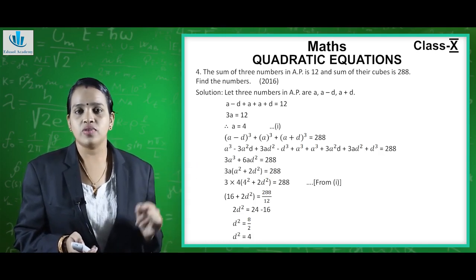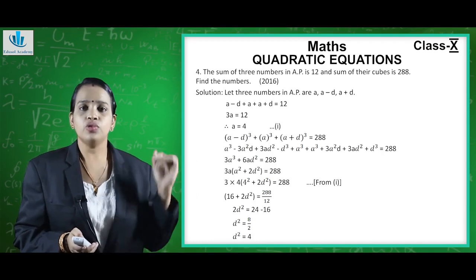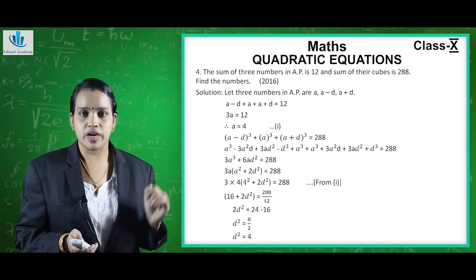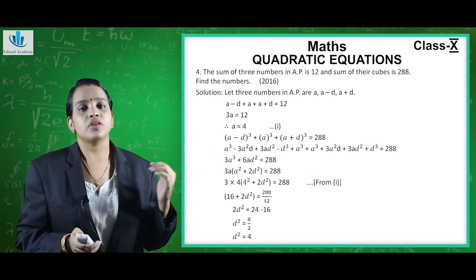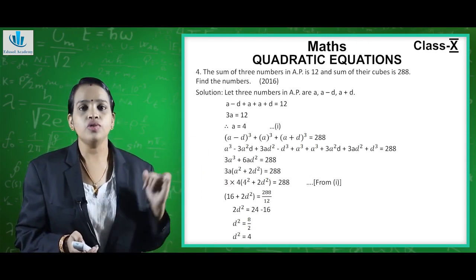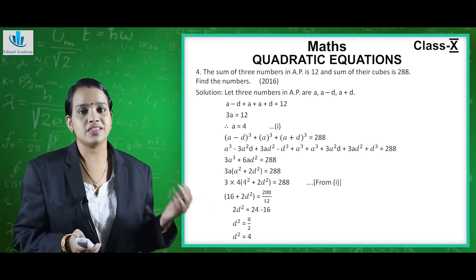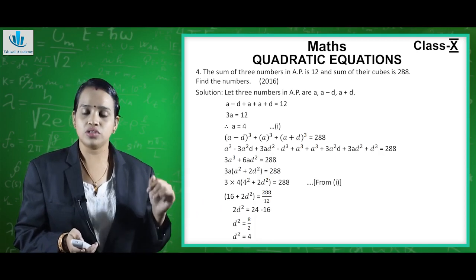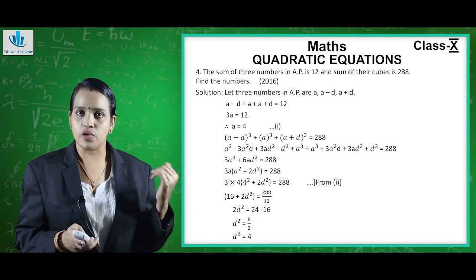Now we can solve this one. So 2d squared equals 288 upon 12, which becomes 24, and taking 16 to the other side it becomes minus 16. So 2d squared is 24 minus 16, which is 8, and we take that 2 to the other side, so it divides. So d squared is equal to 8 upon 2, so d squared is equal to 4.